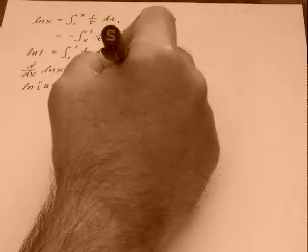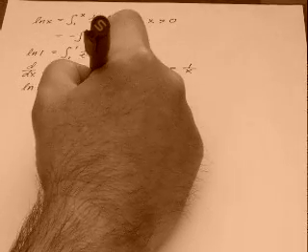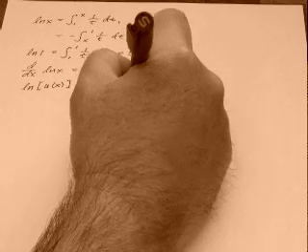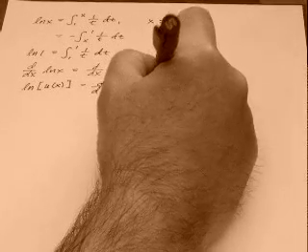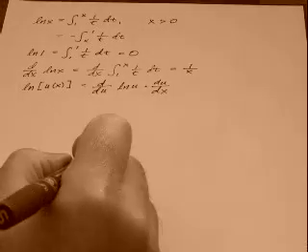So what is this? Well, you just use the chain rule, alright? So this is equal to d/du of ln of u times du/dx. Again, that's the chain rule.